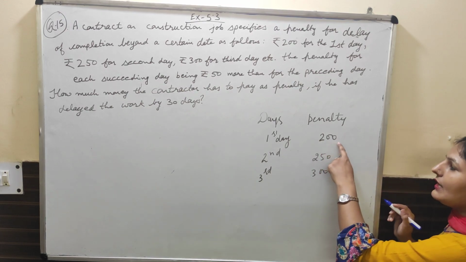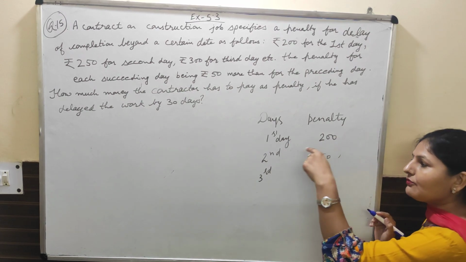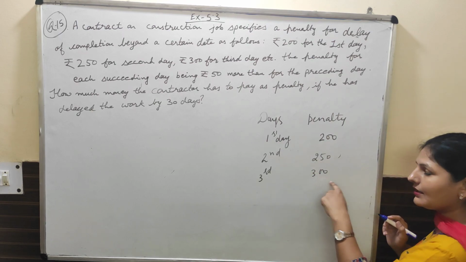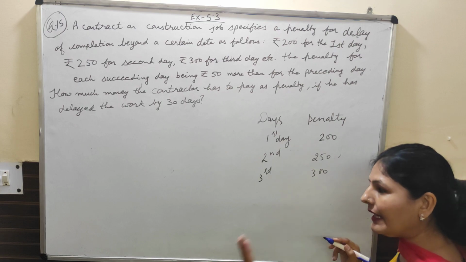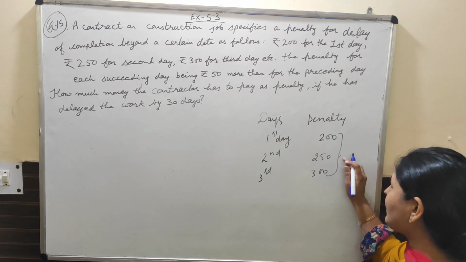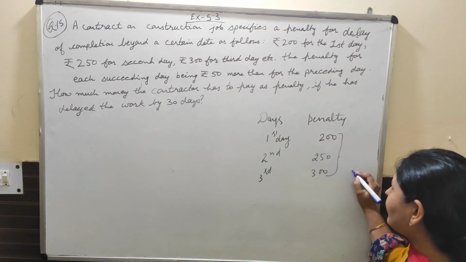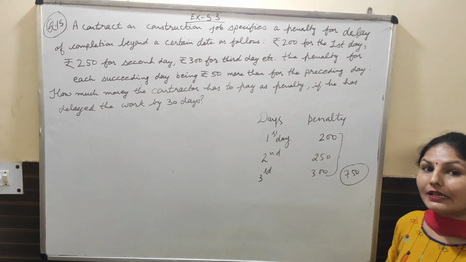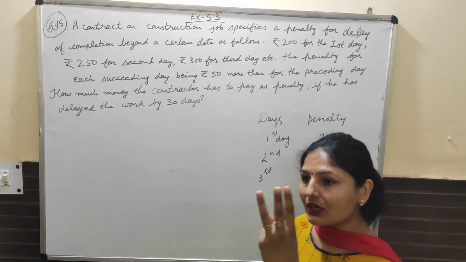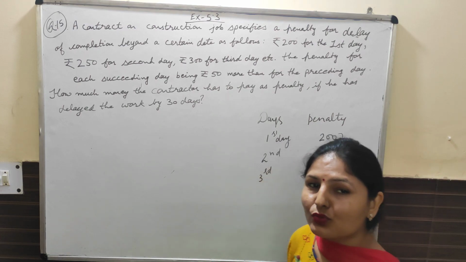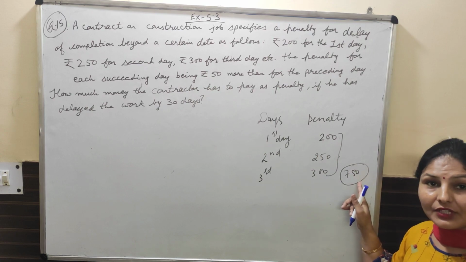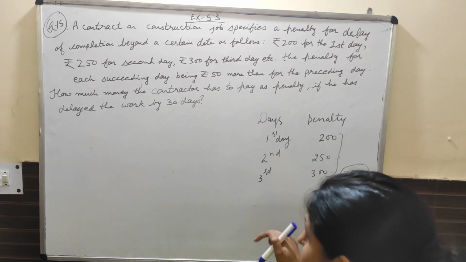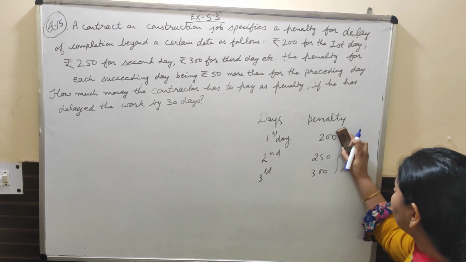For delaying 1 day he has to pay 200, for the second day 250, for the third day 300. But for delaying the third day, how much money does he have to pay? 750 rupees. For delaying 3 days of work, he has to pay 750 rupees, not 300. It should be clear to you.